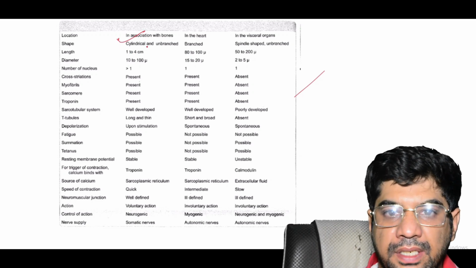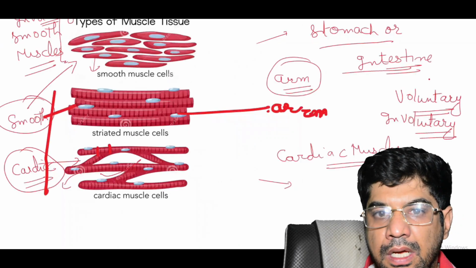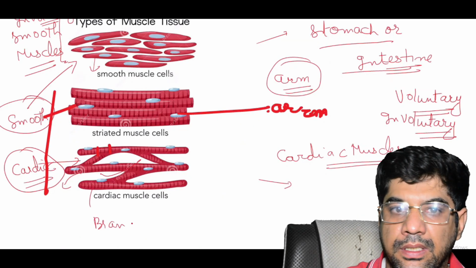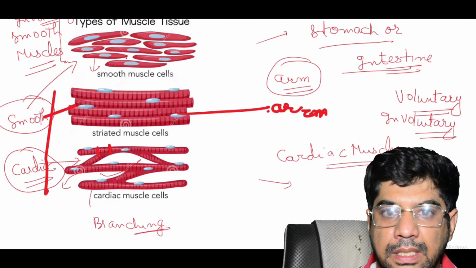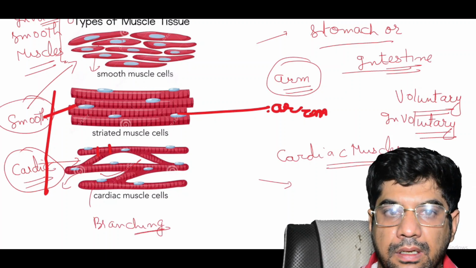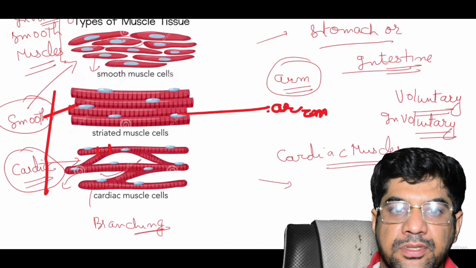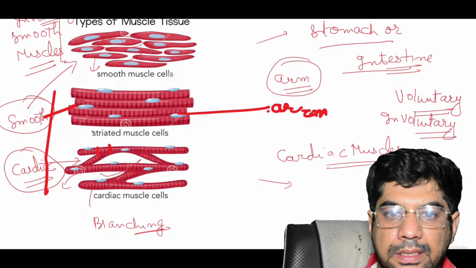The skeleton muscles are cylindrical and unbranched, whereas the cardiac muscles show branching, whereas the smooth muscles are spindle shaped. They are the shape of a spindle and they are unbranched.